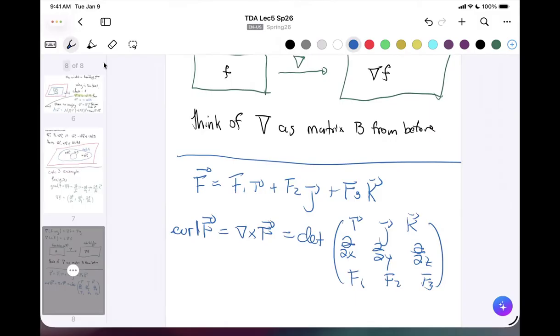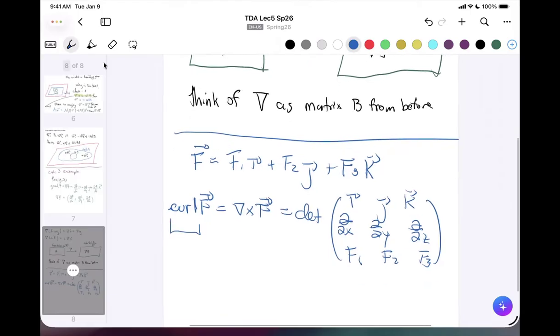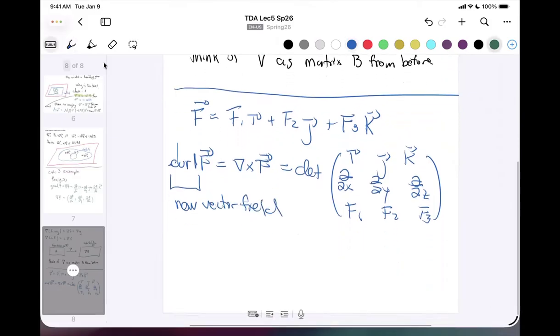what I want you to think about in this situation is just that the curl of a vector field is a new vector field. Okay, so what does it mean?